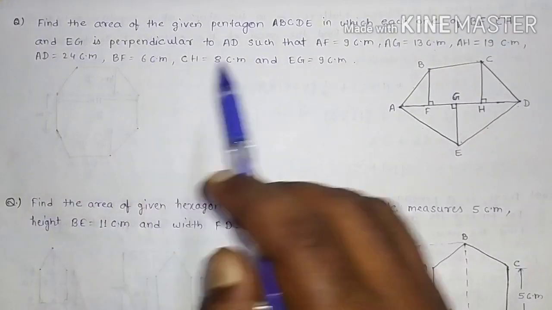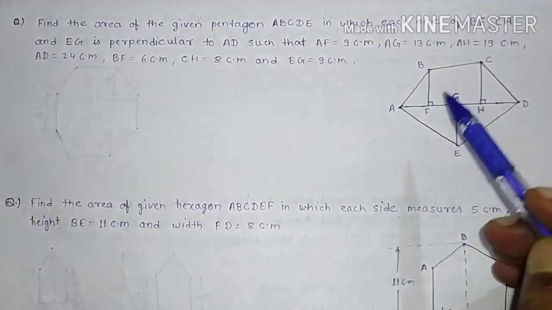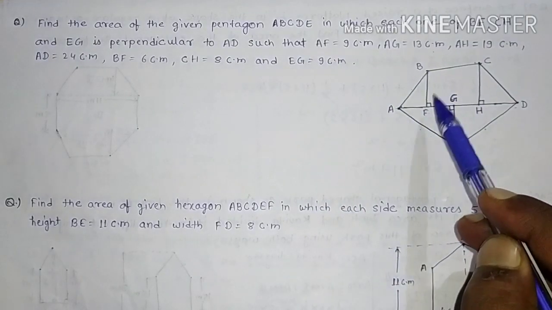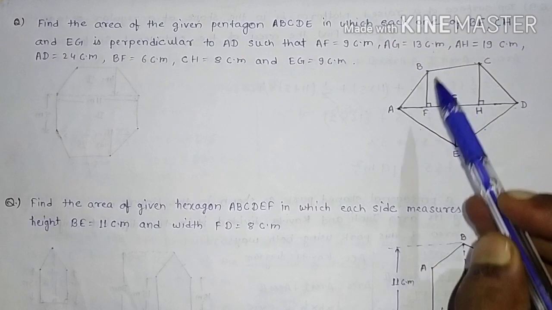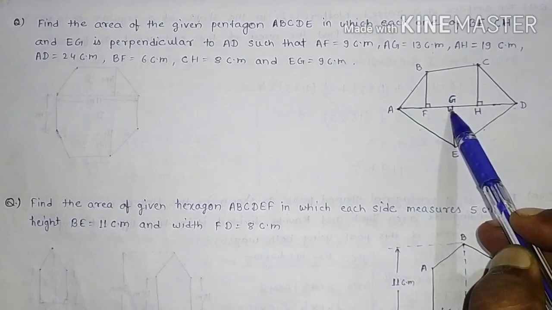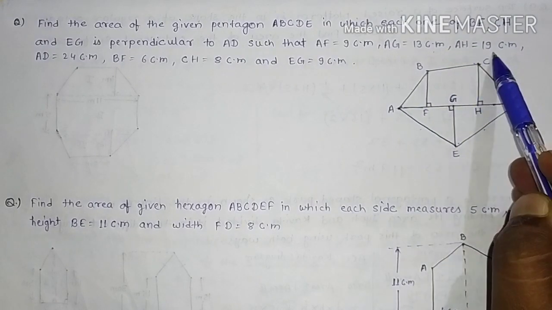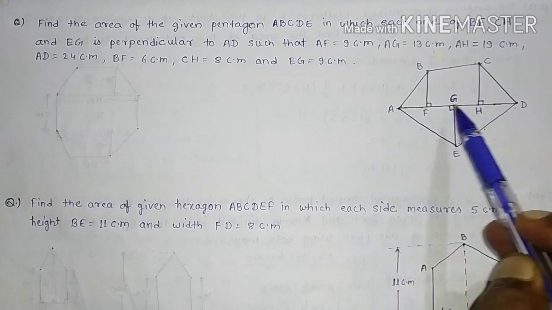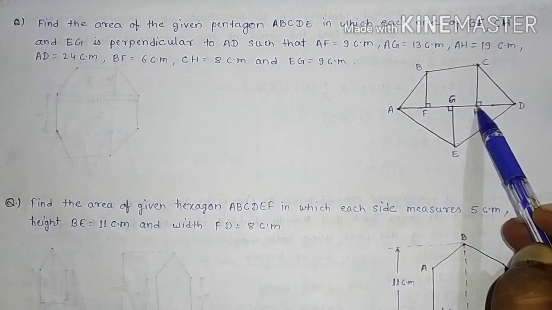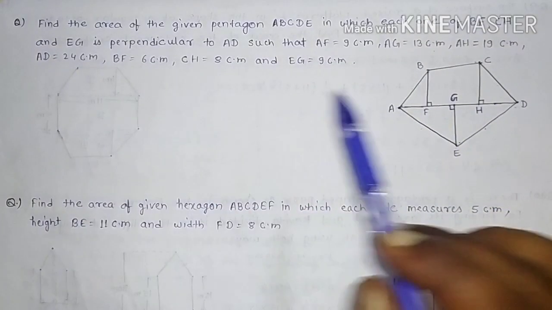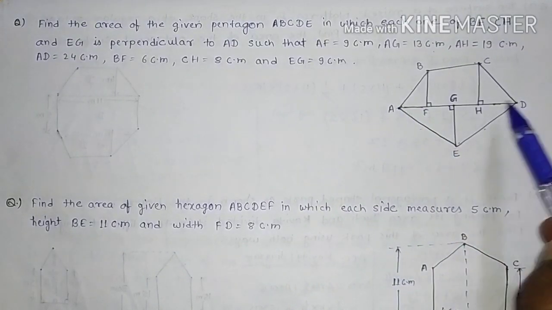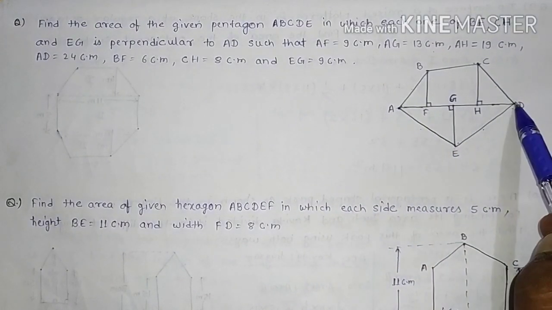Now AF equals 9 centimeter, so this is AF. AG equals 13 centimeter, so this is AG. AH equals 19 centimeter, so this is AH, 19 centimeter. AD equals 24 centimeter, so AD is the total base of this figure.